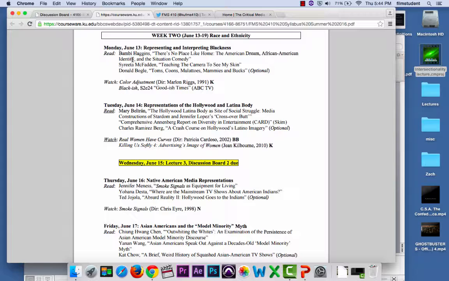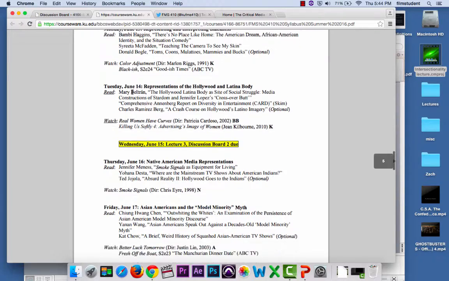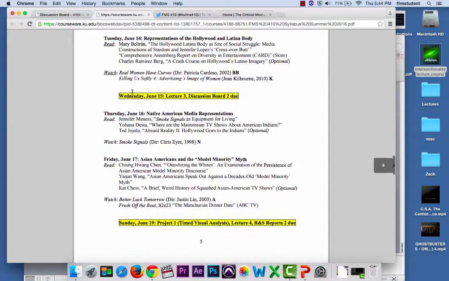Again, it's kind of up to you, but it's one of the quirks of this summer format, summer online format, which is that not only is material truncated, but it's also all online. So it's up to you to provide the best space and the best time frame in order to keep up with the demands and requirements of the course.